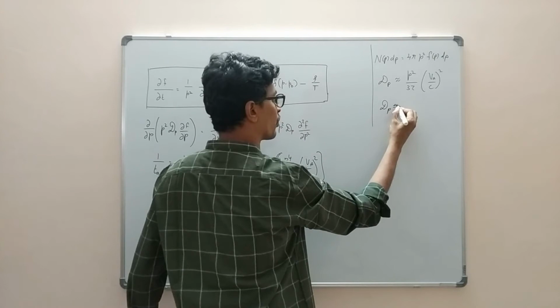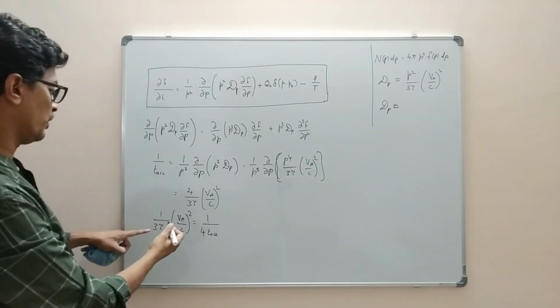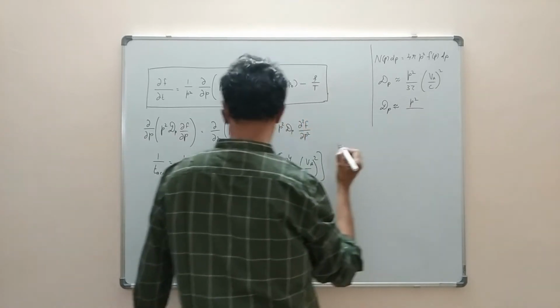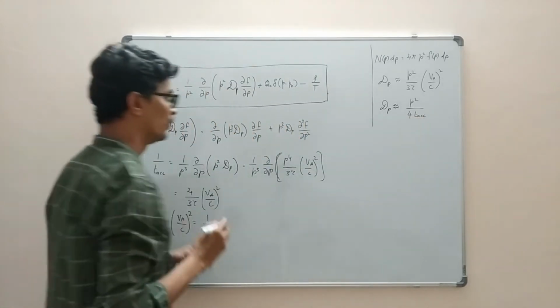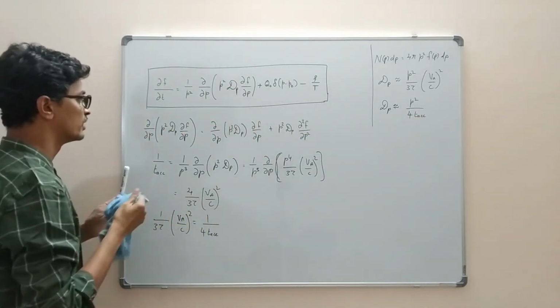dP will become 1 by 3 tau VA by C, therefore this is going to become P square divided by 4 TACC. So I can substitute this.